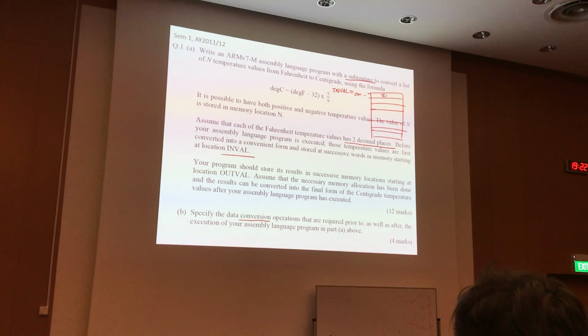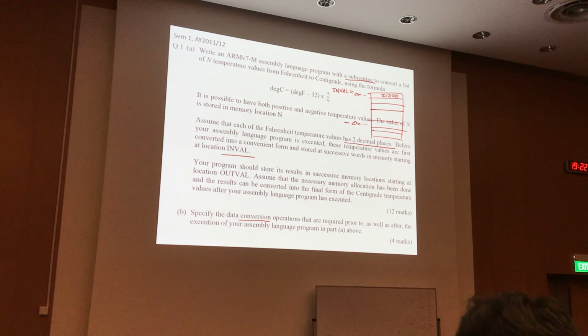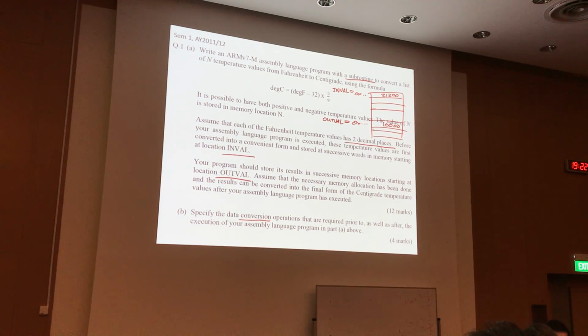So let's say I have multiplied by 100 is 21200, and then this one has some address. This one is out well, where I'm supposed to put the centigrade value. In the end, I'm supposed to get 1000 here. 100 times 100, right?